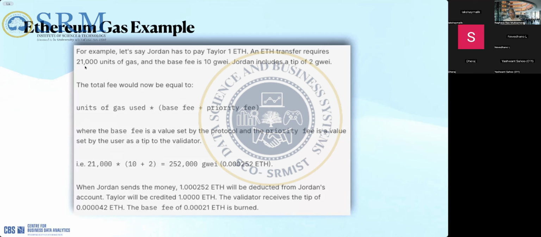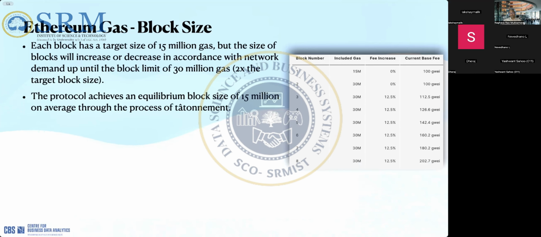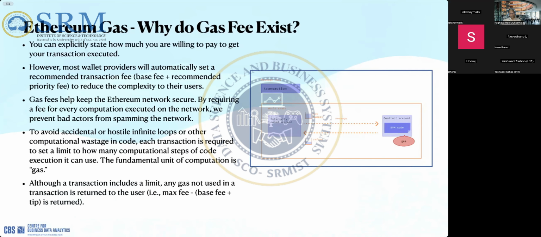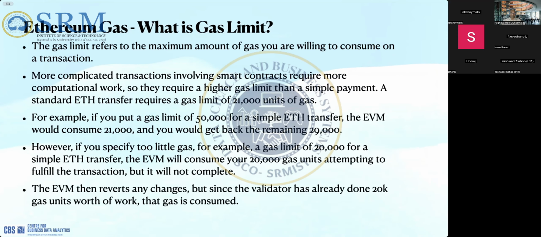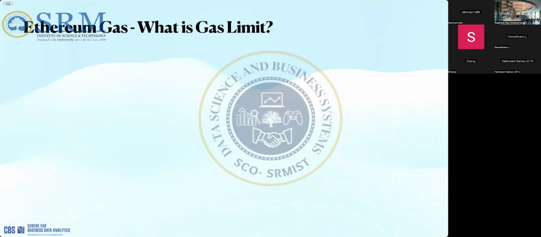In this example, we have one simple operation, which consumes 21,000 units of gas. So if you have a smart contract, you calculate all the operations needed based on the logic you deployed in the contract, and then you specify the maximum gas limit, right?